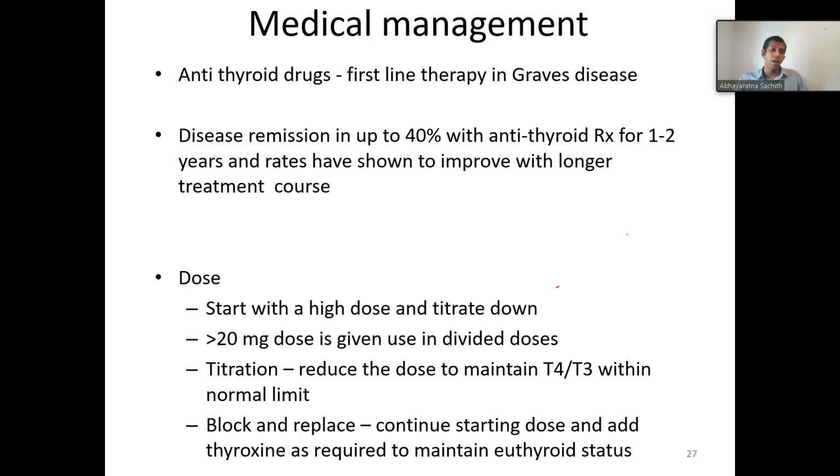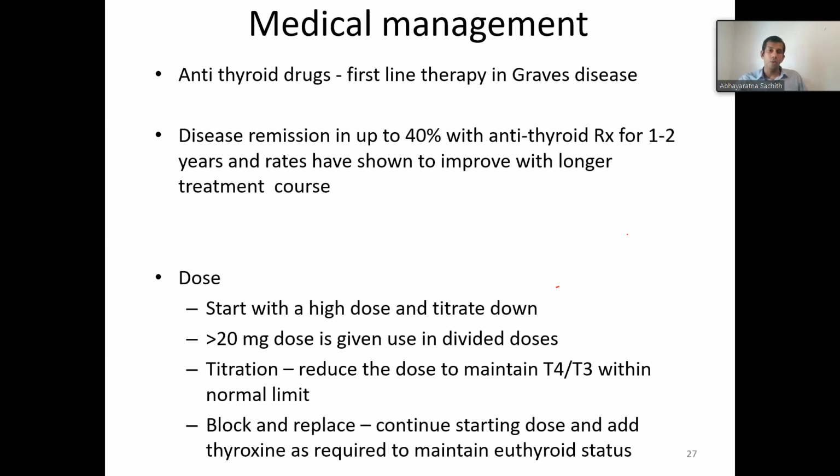But if you give more than 20 milligrams, at least for the initial period, we divide it. That is mainly to get the effect a little more quickly, and secondly, mostly because of the GI side effects these medicines can cause. So till patients get used to that, you give it twice daily. Once we titrate down to 20 milligrams, then you can give it once daily.